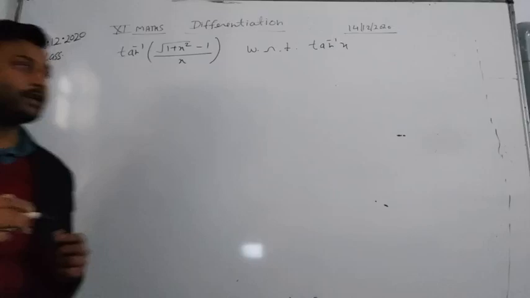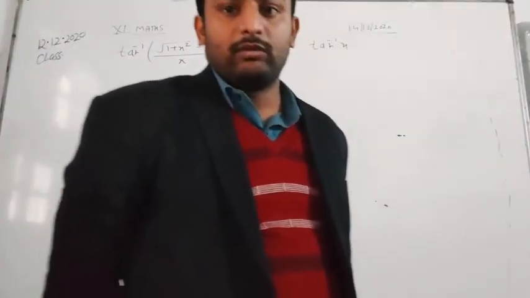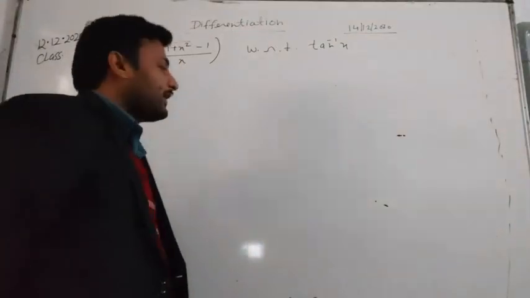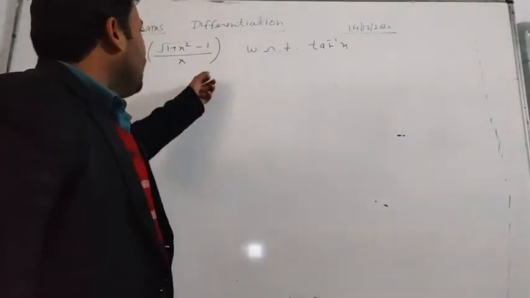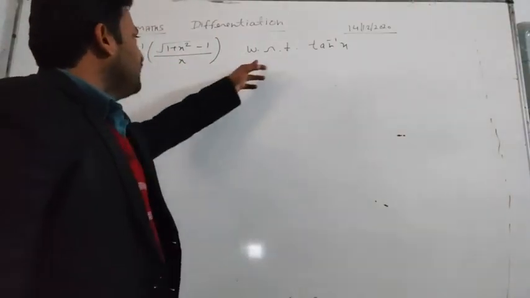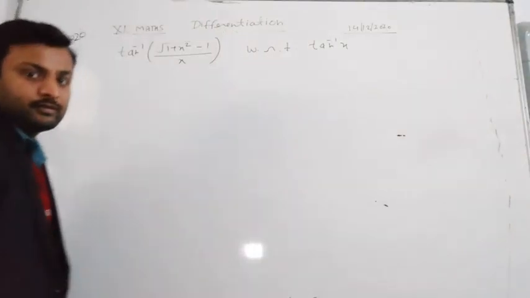Okay, students. So we are given this tan inverse of under root 1 plus x square minus 1 by x, with respect to tan inverse x. Okay, we have to differentiate this.